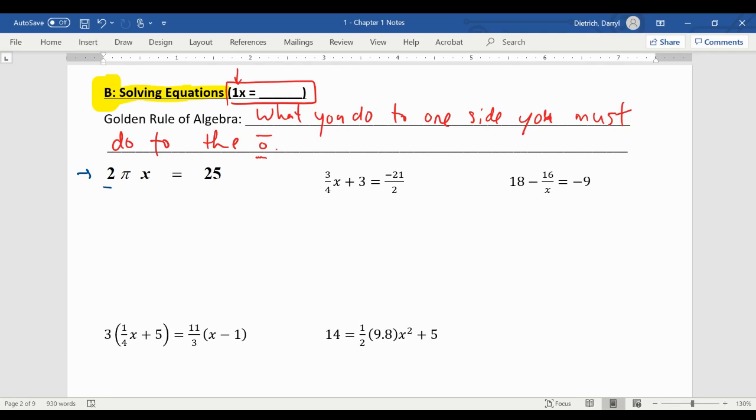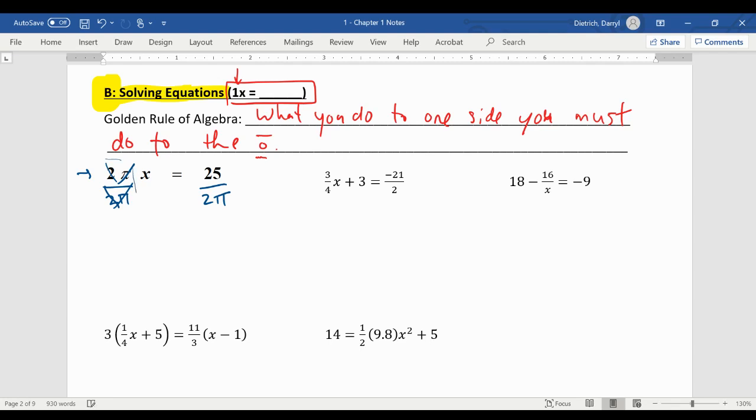Okay, so what I can do mathematically is I can divide both sides by 2 pi. And if I divide both sides by 2 pi, the whole point of that is that, hey, 2 divided by 2 is just 1. So they kind of cancel out, as the language that we use in the math world. And if we have a pi on top and a pi on bottom, pi divided by pi is 1.